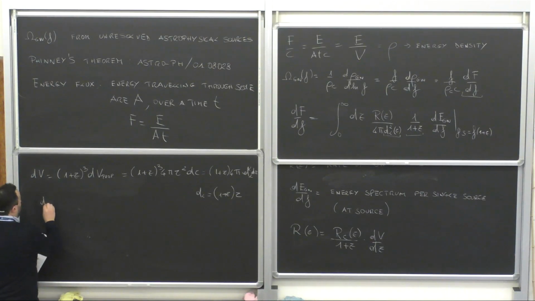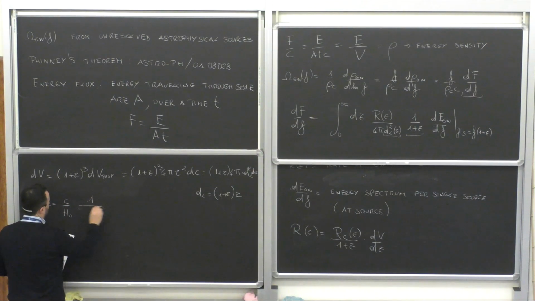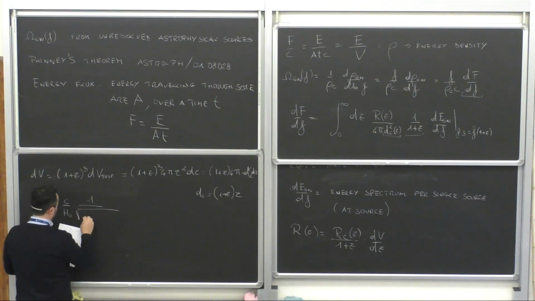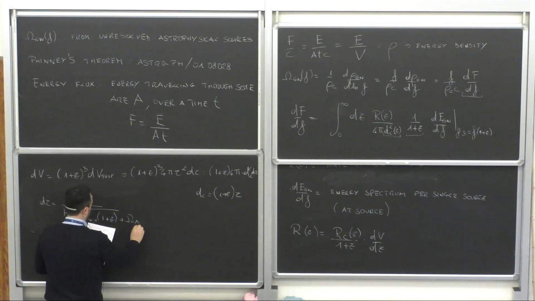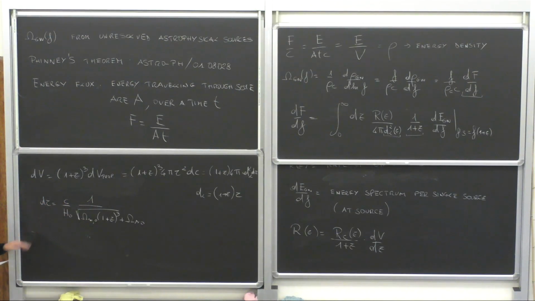So dr is equal to c over H_0 times 1 over, so I neglect the radiation contribution. This is the dr.